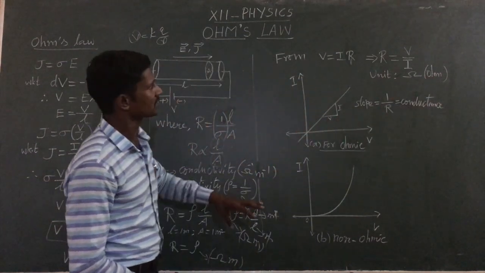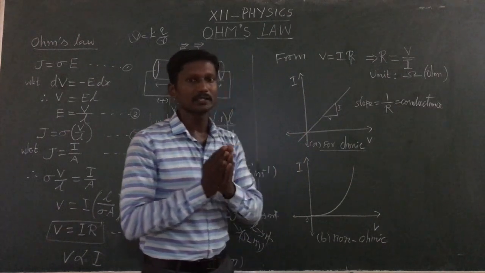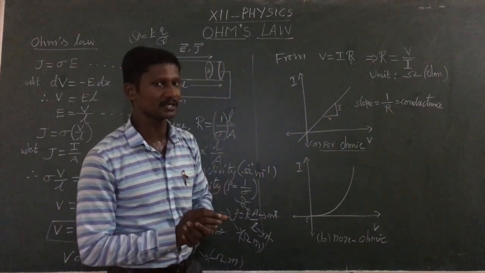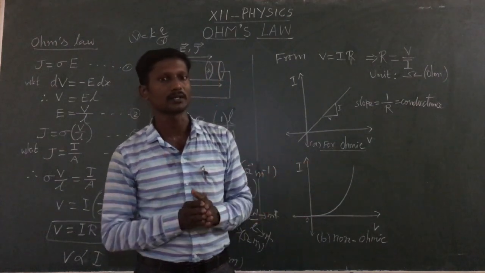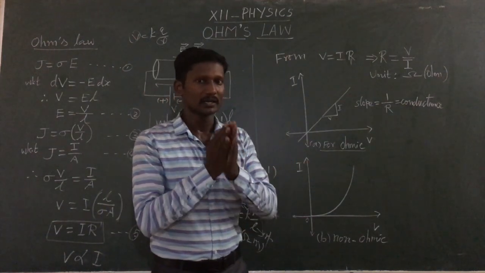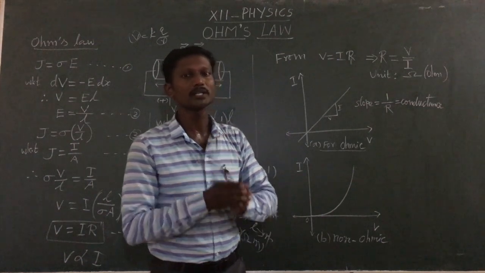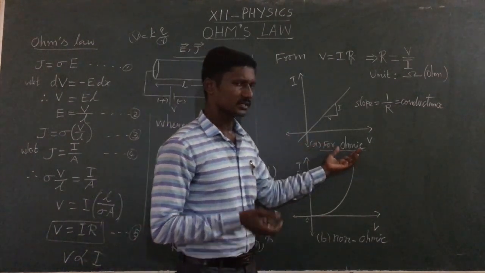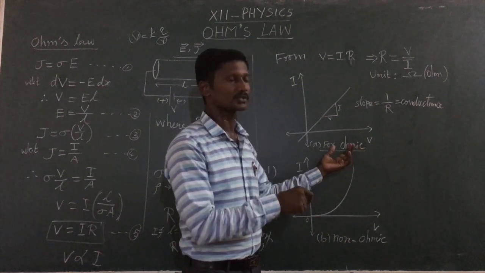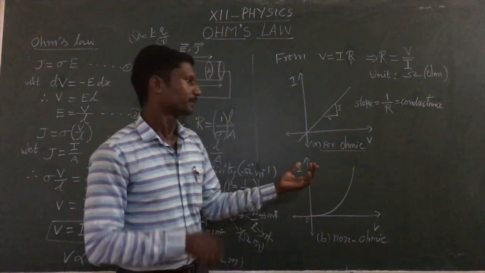If we take an electrical device, we can divide it into ohmic and non-ohmic. The material or conductor that obeys Ohm's law, that device is known as ohmic. How does it obey?